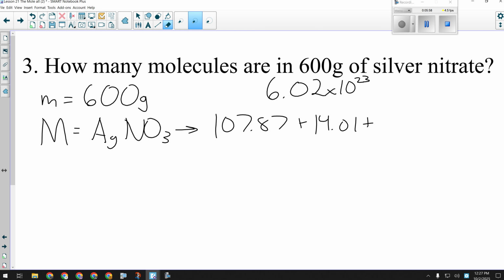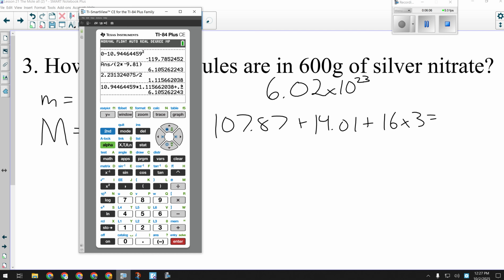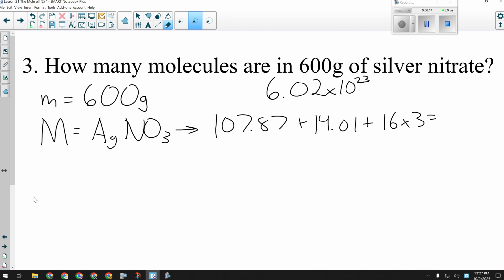So we'll have 16 times 3. That's going to give us a molar mass: 107.87 plus 14.01 plus 16 times 3, 169.88 grams per mole.